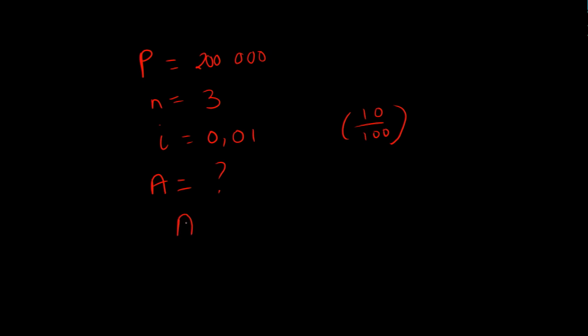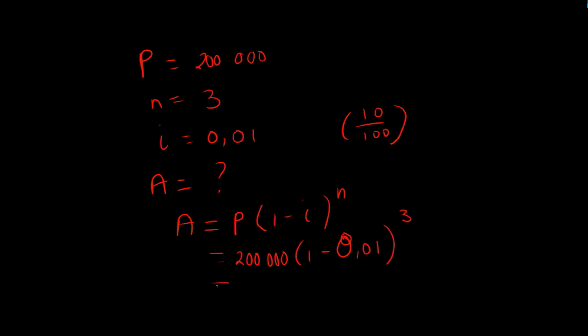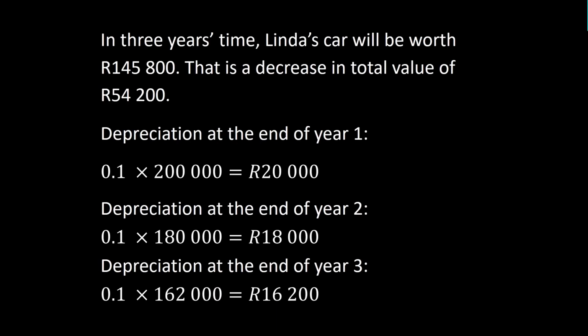So it's just a simple matter of substituting straight into our reducing balance formula. So we substitute P is 200,000. Of course, we put in our depreciation rate, and n is 3. And then it's just simply a matter of substituting all of those values in your calculator and then working out what the value of Lesejo's car is at the end of 3 years.